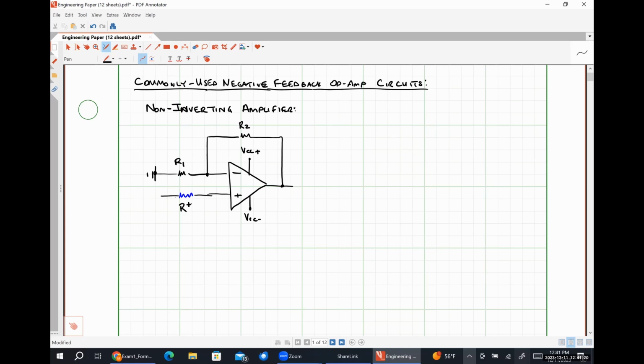I'm just going to call it R plus for the sake of argument. It's literally not going to show up anywhere in any of our equations. This is our input voltage. Another one that's not particularly important from an analysis perspective is this guy here. This is going to be our load resistance, RL.